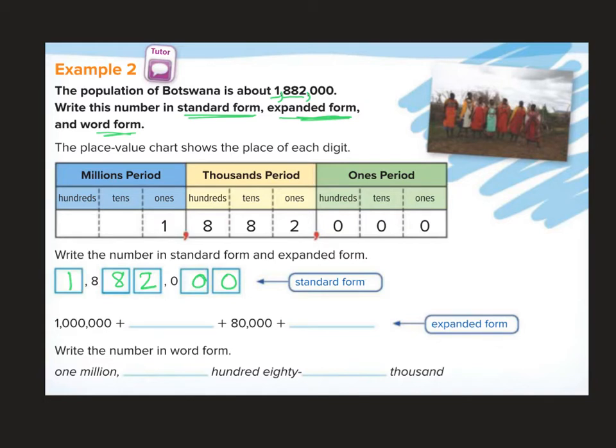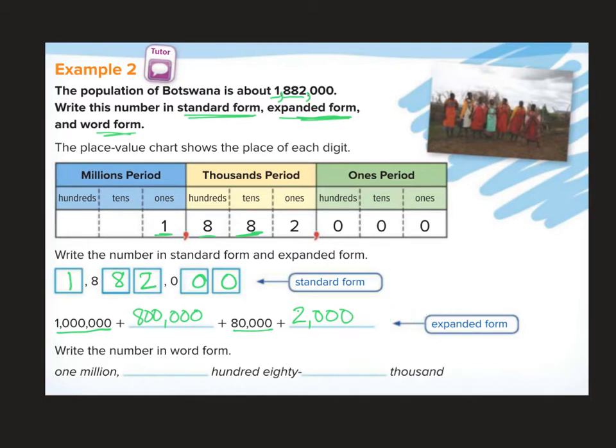Now if I'm going to show the value of each digit, the 1 is worth 1 million. The 8 is worth 800,000. This 8 is worth 80,000. And then the 2 is worth 2,000. So that'd be expanded form. Notice I didn't do 0 plus 0 plus 0, because I don't have to.